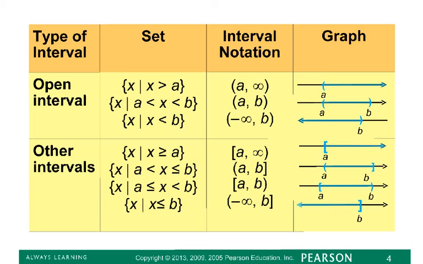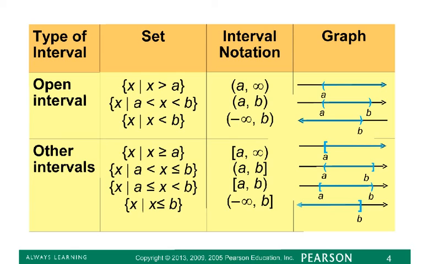Other intervals that we'll be looking at are right here. And this just shows that whenever we have an equal to symbol, it changes our interval notation just a little bit. So if we have x is greater than or equal to a, what changes from up here to down here is we put a bracket around our a, because that value of a is included in our interval.